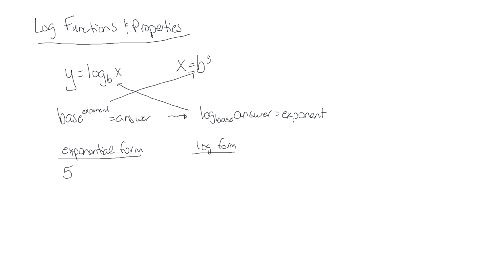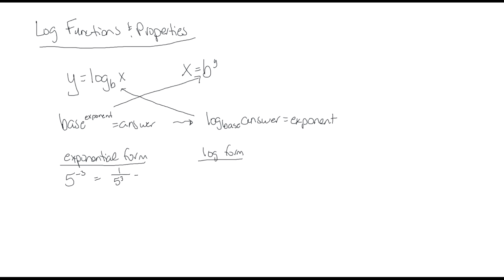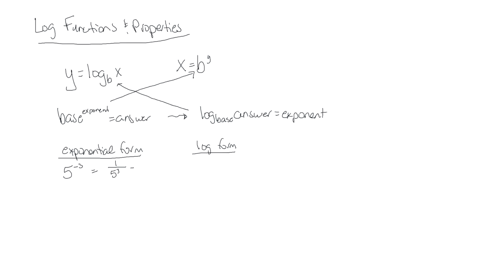Five to the minus 3. When you have a negative exponent, it goes to the other side. So I really have 1 over 5 cubed, which is 5 times 5 times 5. Sorry, 1 over 125.